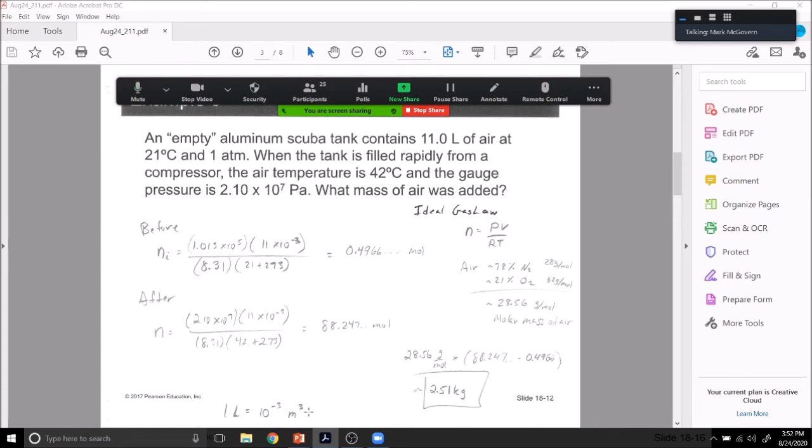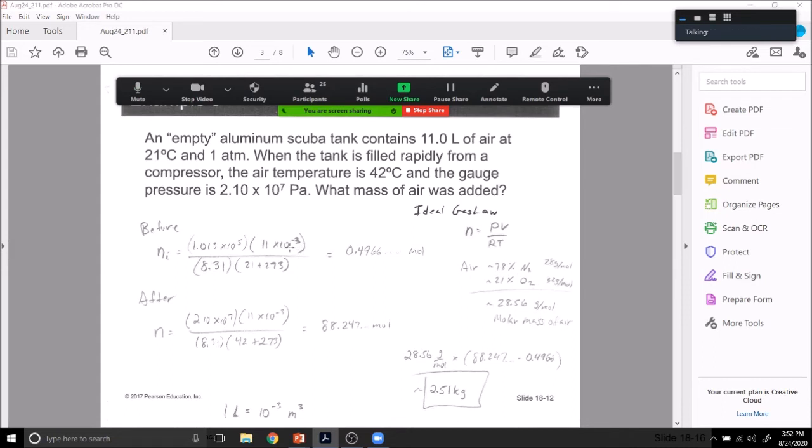That's how we do that conversion, because a milliliter is a cubic centimeter. So if you go from liters to meters cubed, it's 10 to the minus 3. So this would be 11 times 10 to the minus 3. If you want to change your liters into cubic meters, it's very simple. You just attach a 10 to the minus 3.